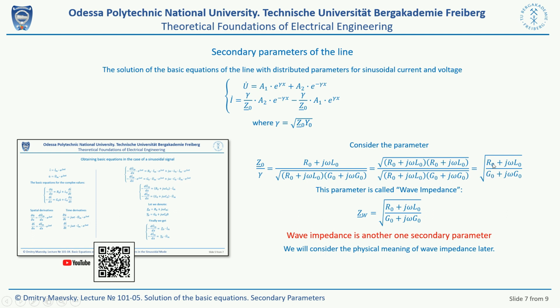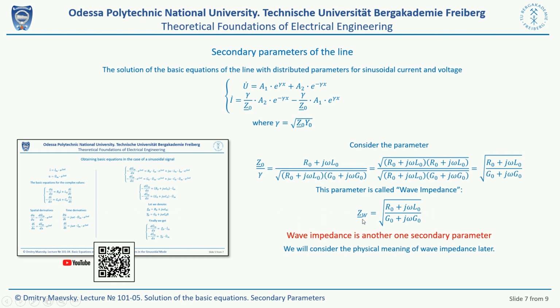If ohms are divided by Siemens, we get ohms squared. Extracting the square root, we see that the fraction Z0 divided by gamma is measured in ohms. That is, it is impedance.